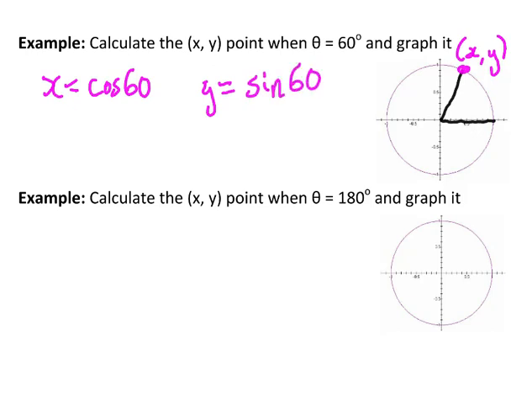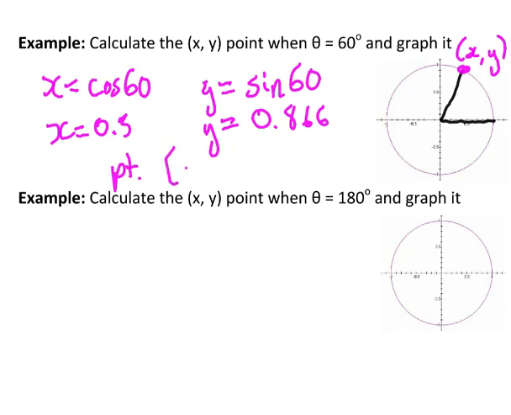And you can just plug those into your calculator. So cos of 60 is 0.5, and sine of 60 is 0.866. So my point must be x 0.5, comma y 0.866.